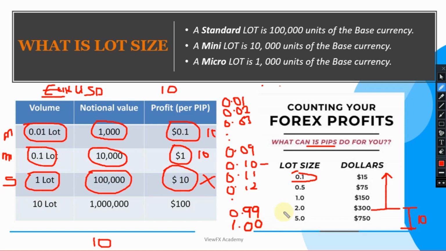And trust me, you can't exhaust this, because you're going to have 2 standard lots, 3, 4, 10 standard lot, 50 standard lot, 100 standard lot. That is huge. So I hope I've been able to break down this lot size based on the packs as explained. Let's move ahead.